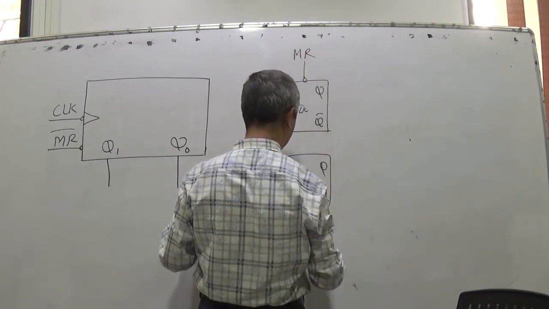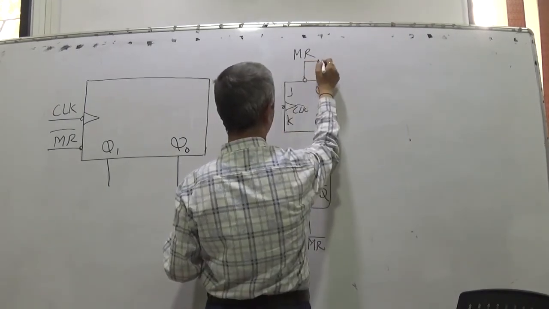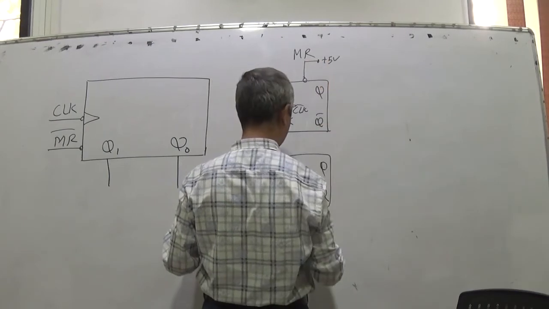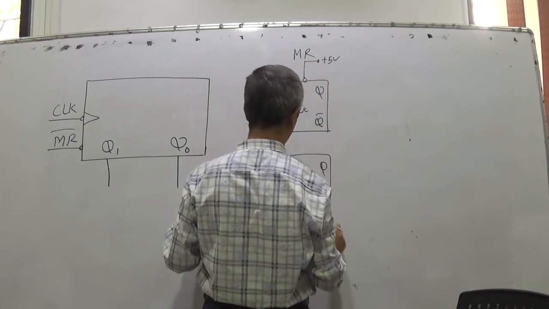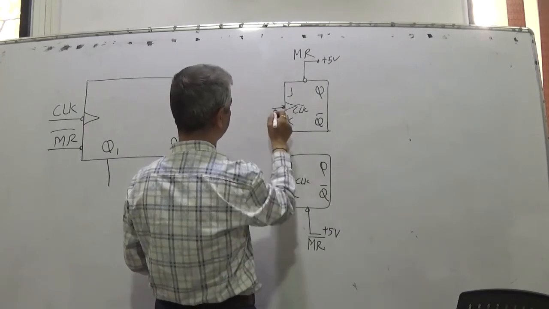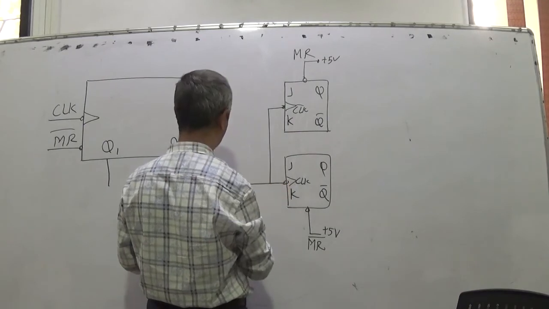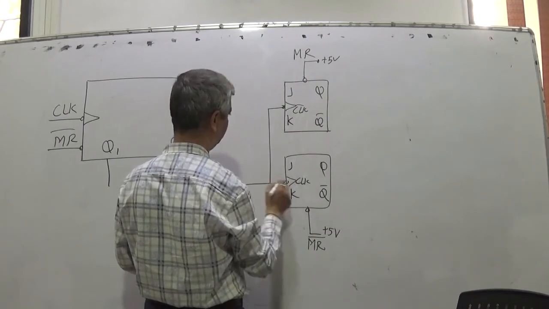Just I am showing below. Right now I am not requiring it, so I will keep it at plus 5 volts. This also I will keep at plus 5 volts. Clock we make common. It is called a synchronous counter. Definition I will explain later. So clock of all I will make common.